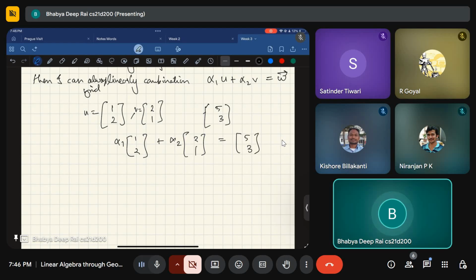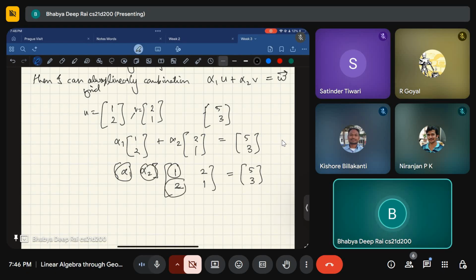And what is this actually? This is nothing but alpha 1, alpha 2 times 1, 2, 2, 1. Is it not? Because alpha 1 will multiply with this guy, and alpha 2 will multiply with this guy.